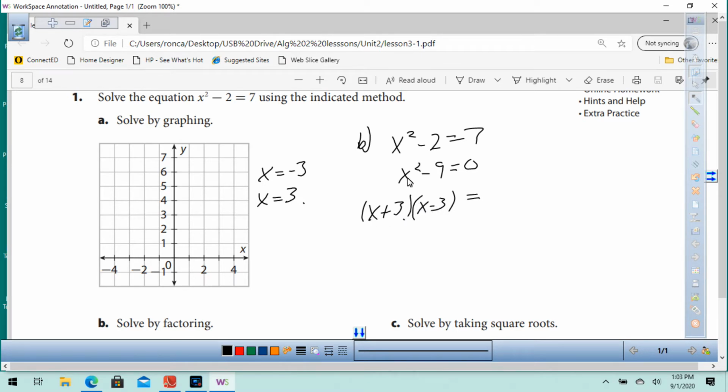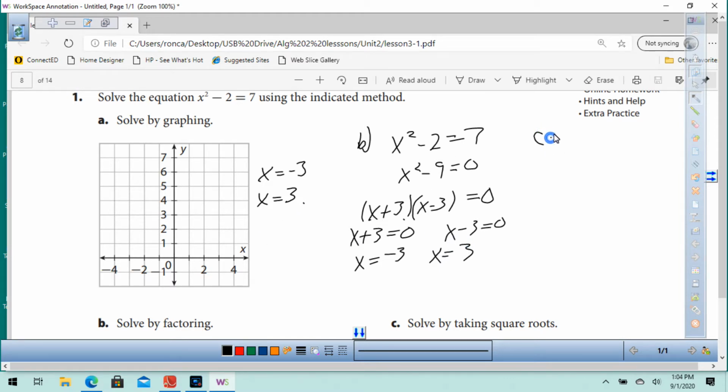So x times negative 3 is negative 3x, 3 times x is positive 3x, those will cancel out. 3 times negative 3 is negative 9. Excellent. Now we set each of those equal to 0, and that gives us x equals negative 3 and x equals positive 3. That's the same thing we got over here.